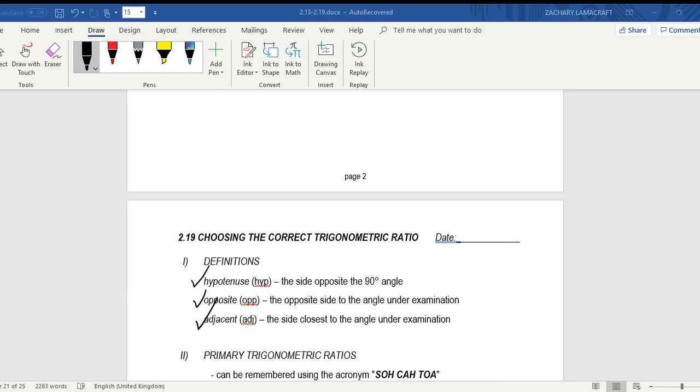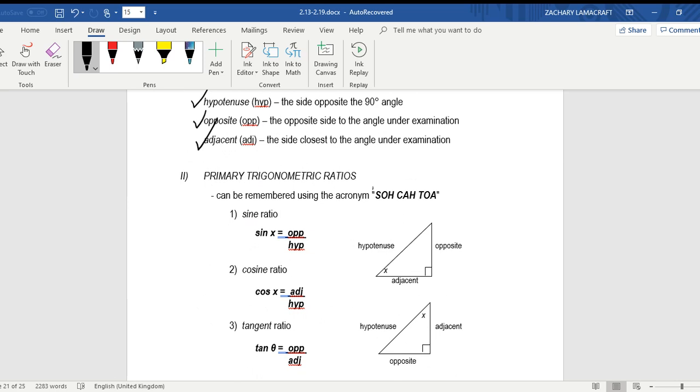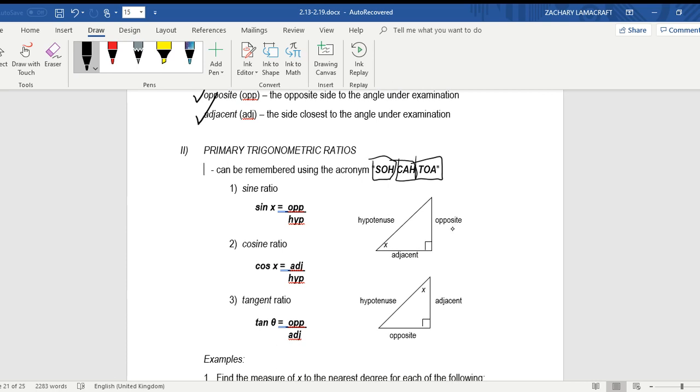It's TOA. Thank you. Okay, so we've got SOH, CAH, and TOA. If I put an X in any angle, you should be able to figure out what we can use. So if we have the sine ratio, if I have my X here, we're going to use the opposite side and the hypotenuse.